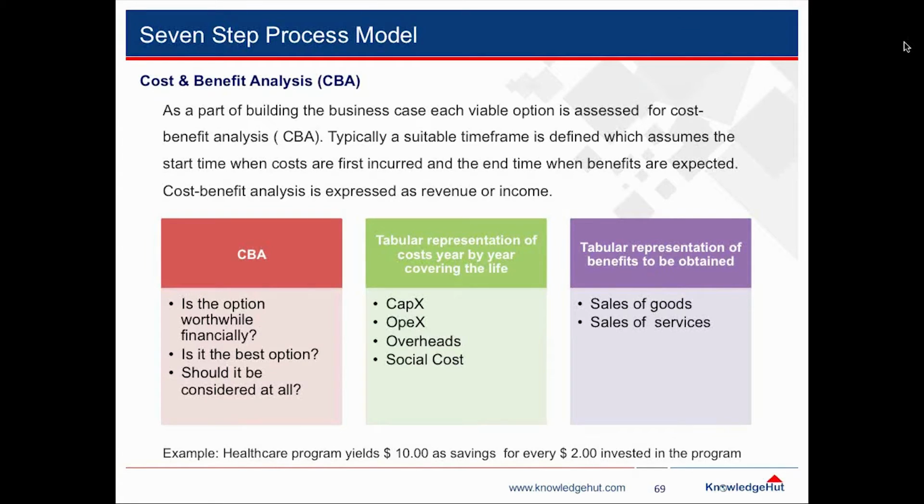Is it the best option? Should it be considered at all? And from here you want to go into a listing down in a spreadsheet of the capital and operational expenditures and overheads, and tie that back to your sales of goods and services.